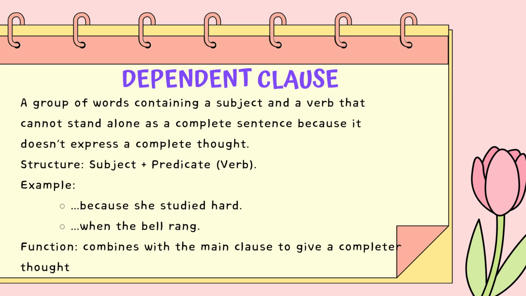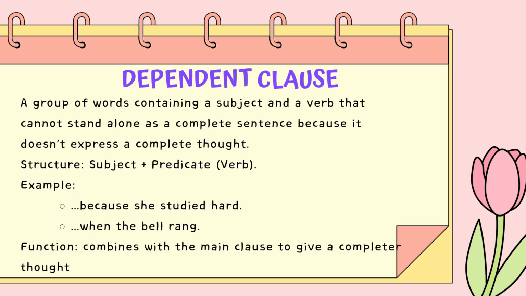Just like the independent clause, it has a subject and a verb, but the independent clause can make a complete thought and stand on its own. Unlike the dependent clause we're talking about now, they have a subject and verb, but they cannot stand on their own. They cannot make a complete thought. So they need the main or independent clause to make a complete thought.